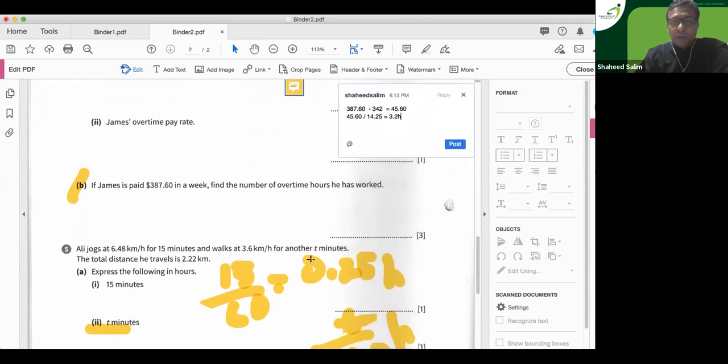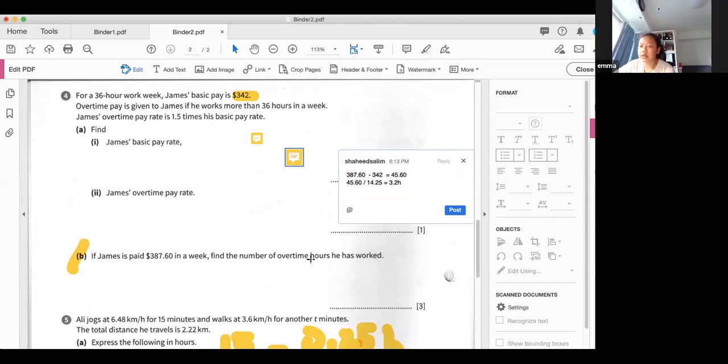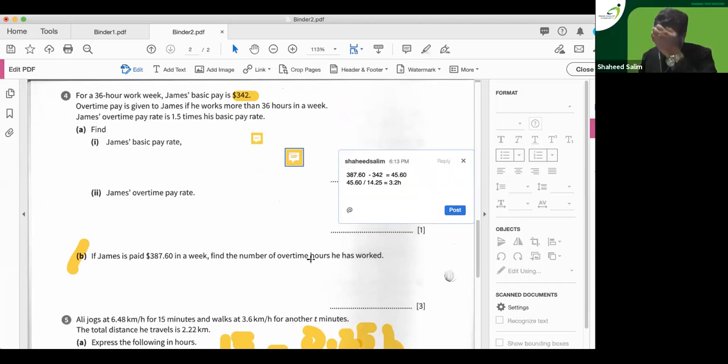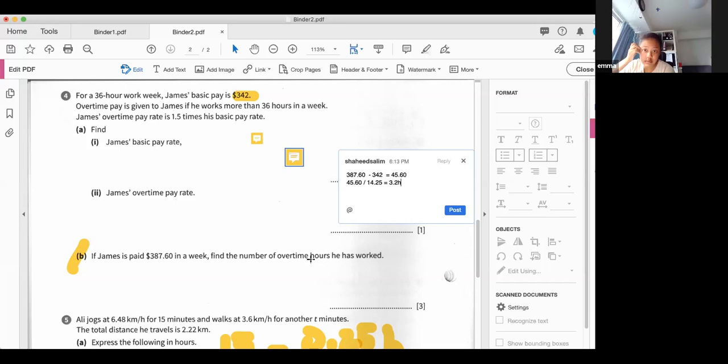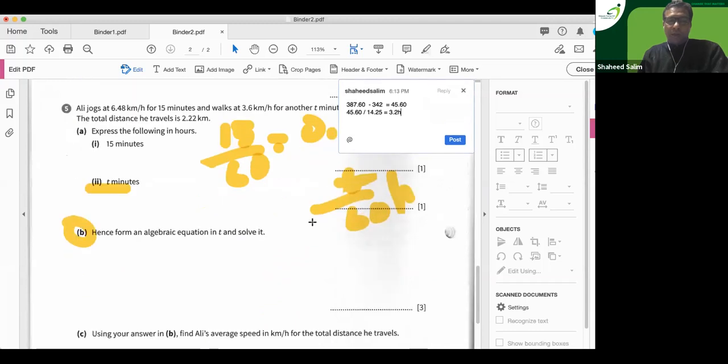So now, for the next one. What's your answer for number 5? 0.25. Okay, and then what? Number 5B, I don't know. Okay, I tell you what, question 5, we will revisit on next Sunday, because it's only one question 5, right?